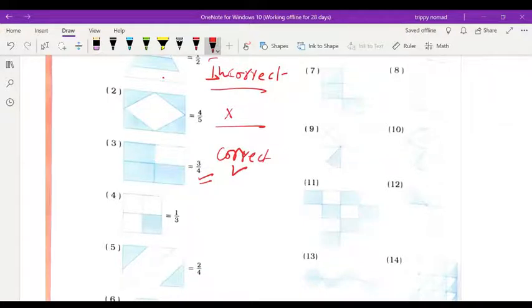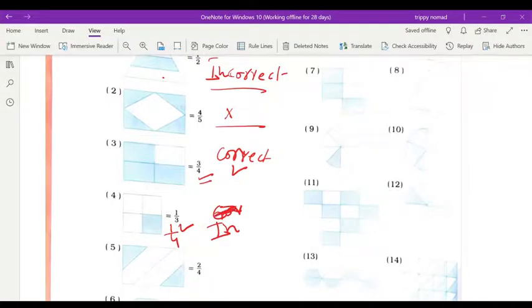And this one is equally divided. The first thing you have to check is that the parts of the given figure should be divided equally, and afterward whether the shaded part matches the answer given or not. This is correct. No, sorry, this is incorrect, because it is divided equally, but here 1 by 4 should come, so it is incorrect. Understood?